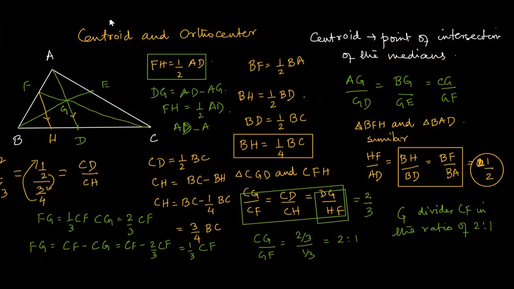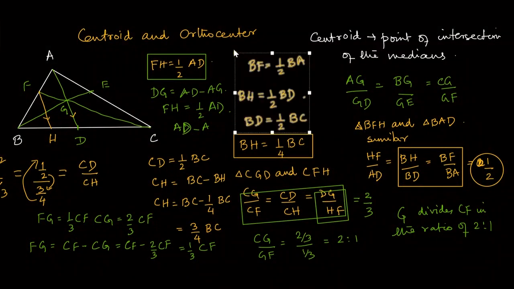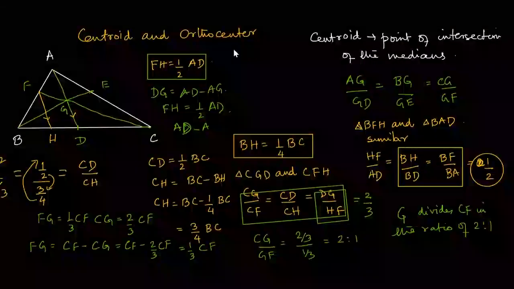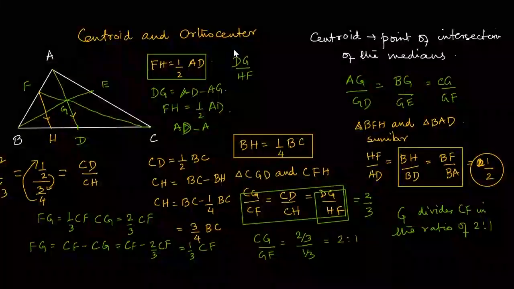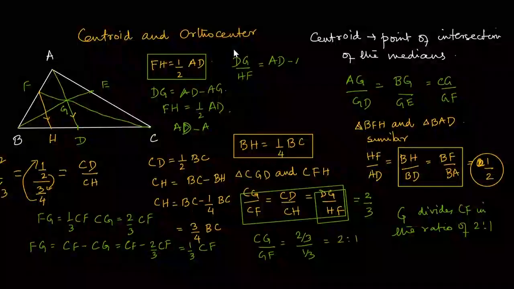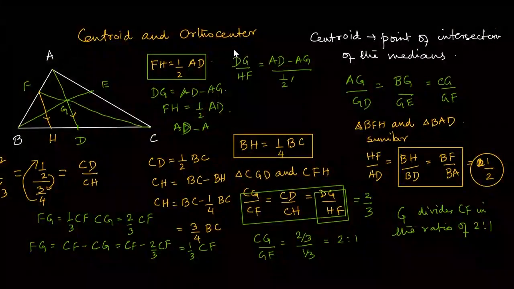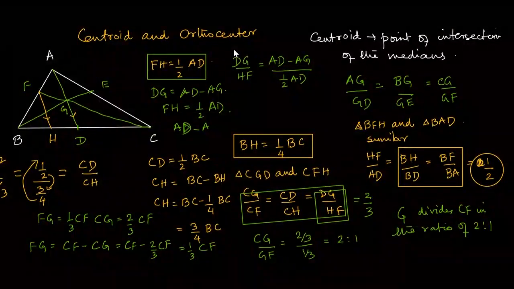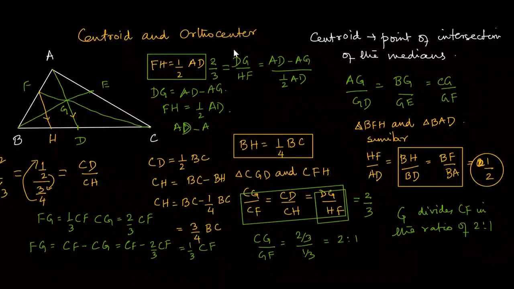One second, let me clear this up a little bit. So DG over HF is nothing but AD minus AG over half of AD, correct? That is equal to 2 by 3, right?